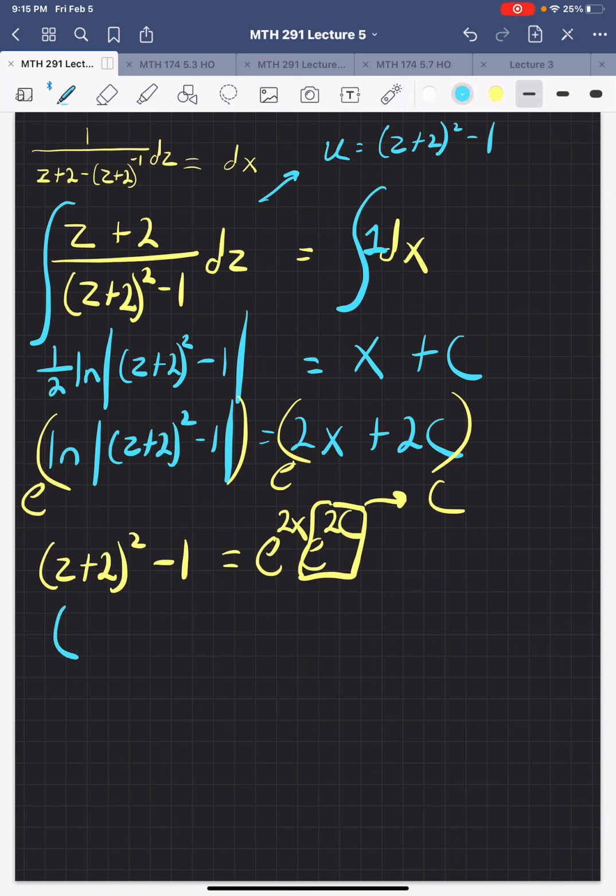So z plus 2 squared minus 1 is equal to c e to the 2x.